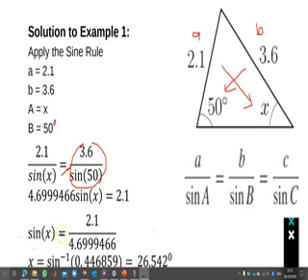So sine X will be equal to 2.1 divided by 4.6994, dividing both sides by 4.6994. Then after that, you find the sine inverse to get the angle.